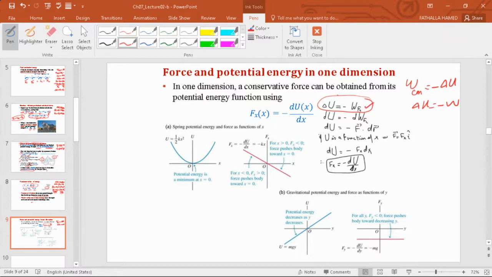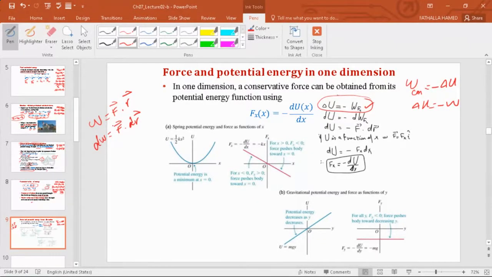Now, if you take that in the limit when you make it infinitesimal, so dU will equal to minus dW. And now when we look at dW, W, which is the work, is always the F dot r. So dW will equal to F dot dr.